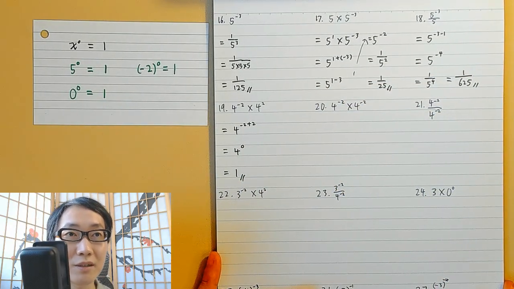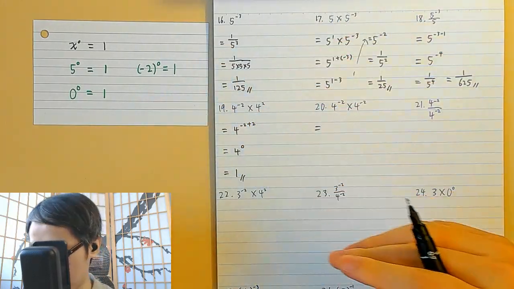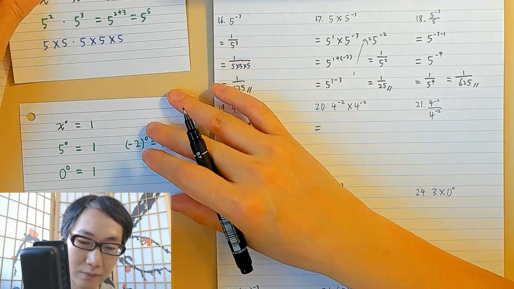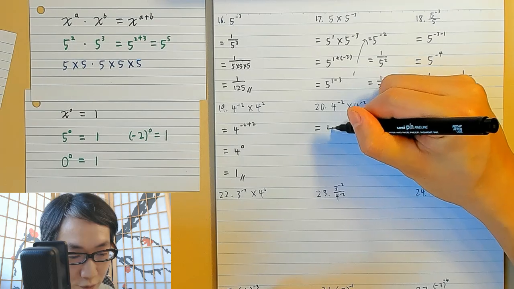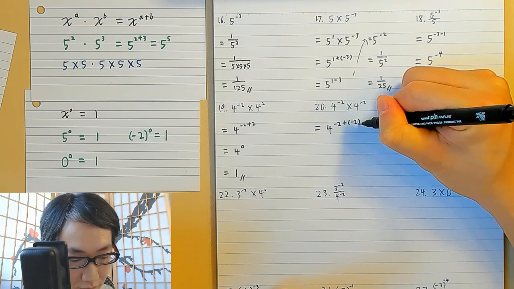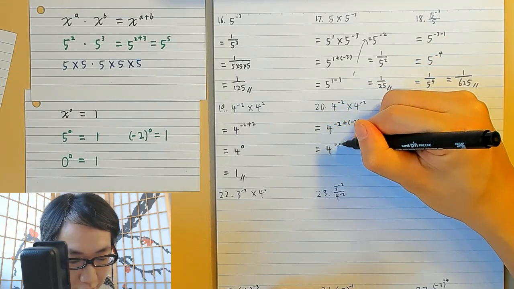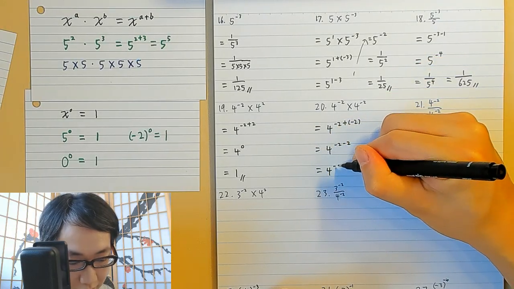So number 20. And we can use this rule. So 4 to the power of -2 plus -2. Then we have 4 to the power of -2 minus 2. Then we have 4 to the power of -4.